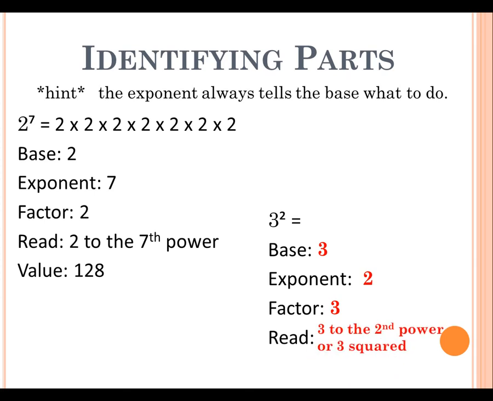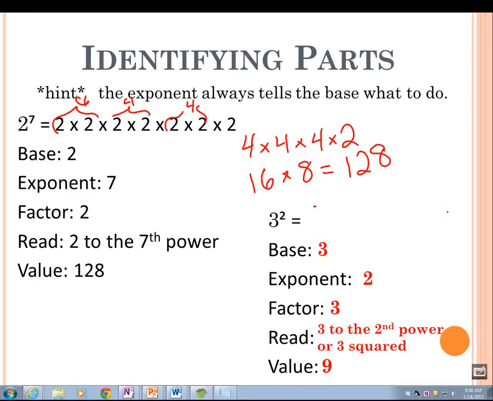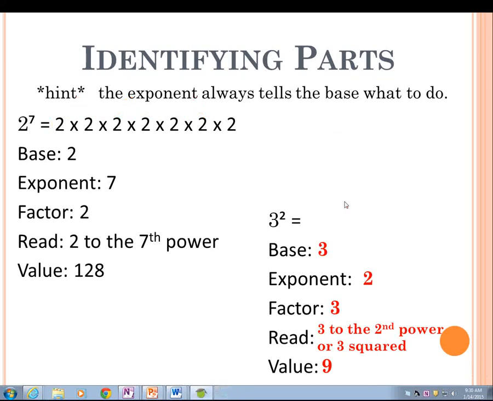Okay. Avery, what do you have for the value? 9. How about how it's written out? Is that going to be on there? No. And it's written out just like this. Okay. 3 times 3. Abby? 9. Yes.